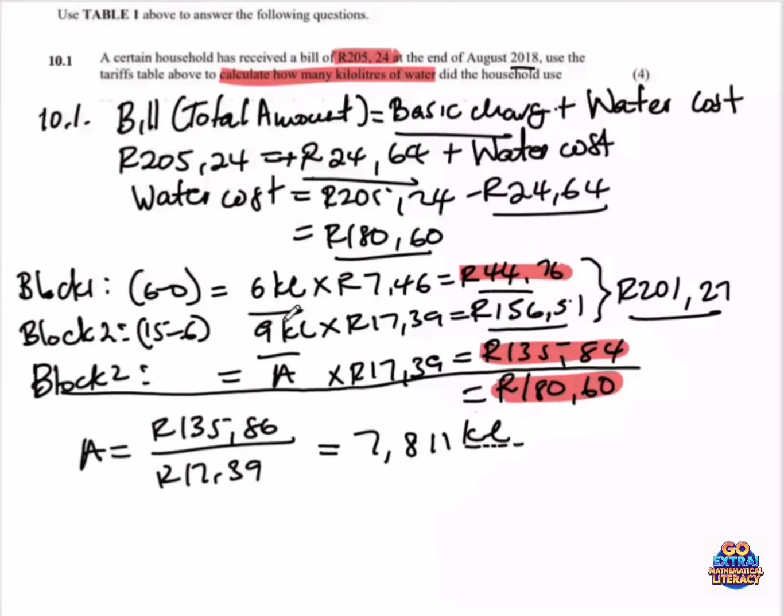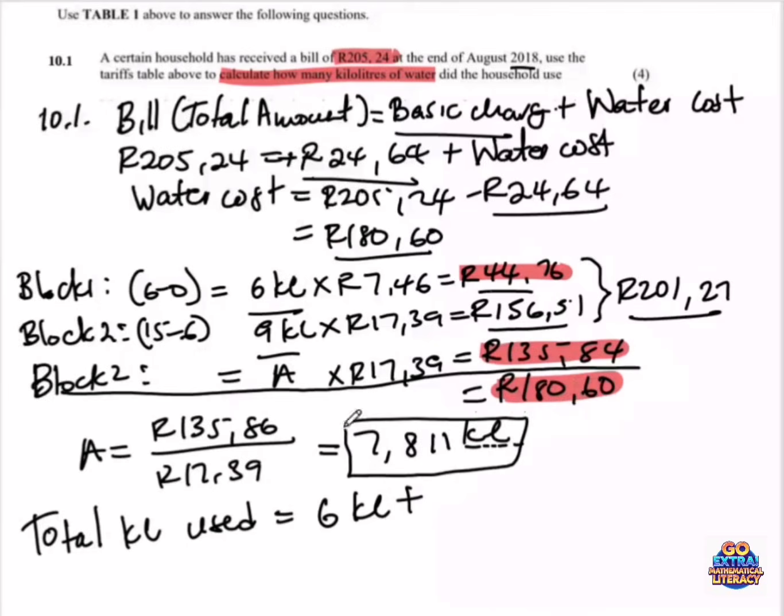Now we have found the total kiloliters that we use. The total kiloliters used is going to be equal to 6 kiloliters plus A, which is this amount here.